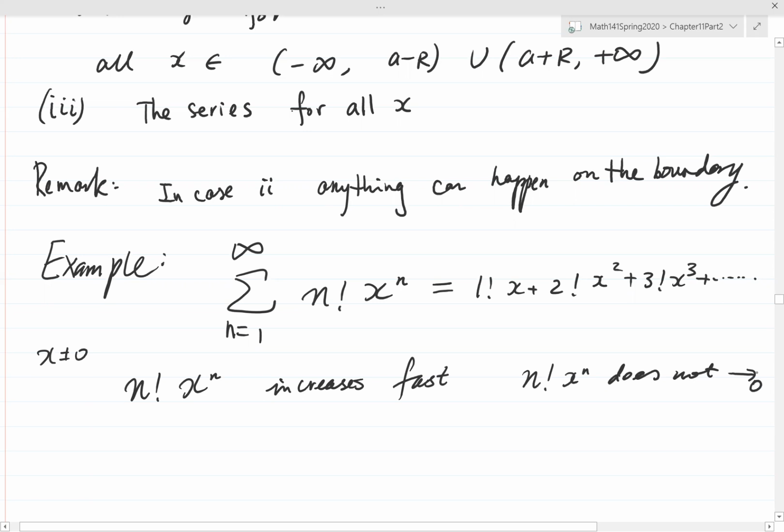So by the test for divergence, the general term has a non-zero limit, and the series diverges. Or you can use the ratio test.